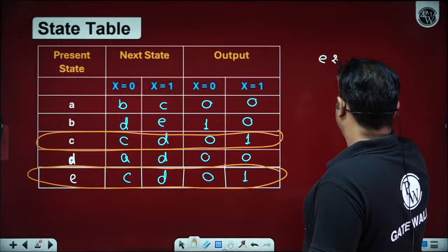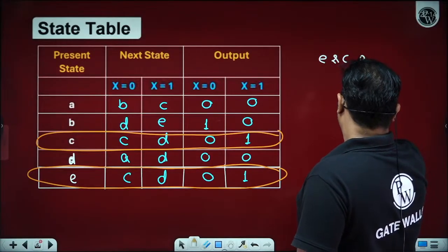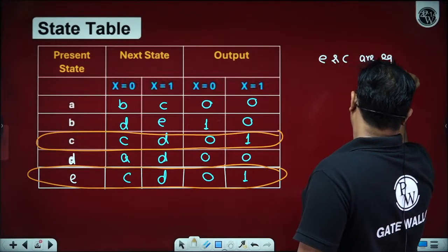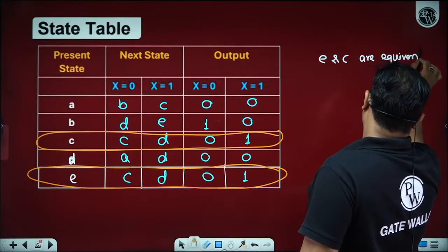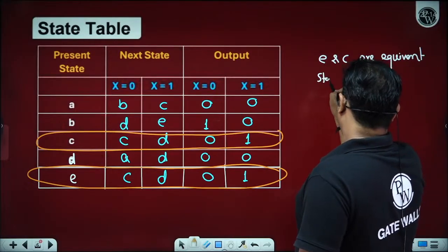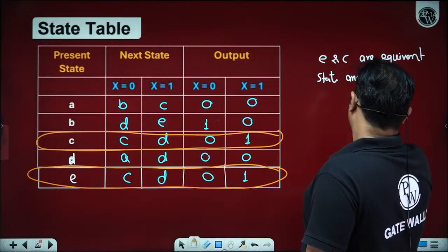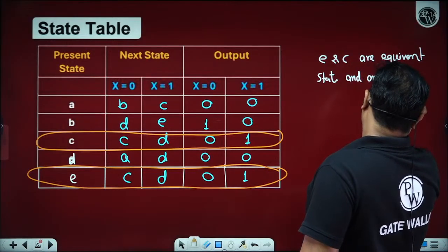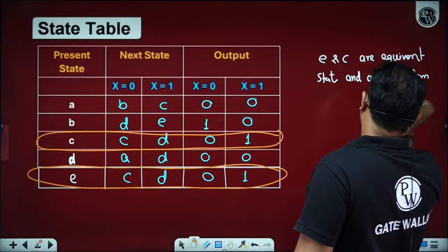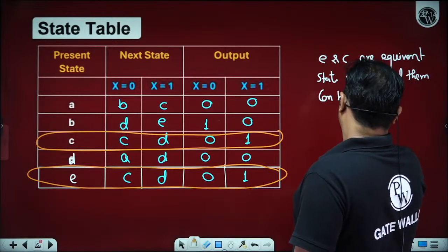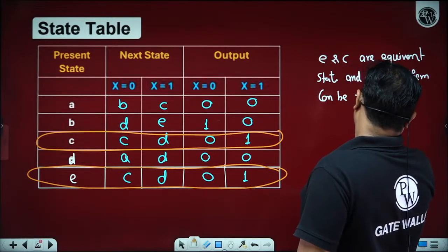E and C are equivalent states and one of them can be removed.